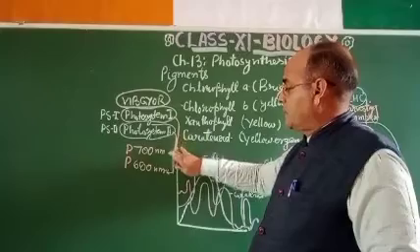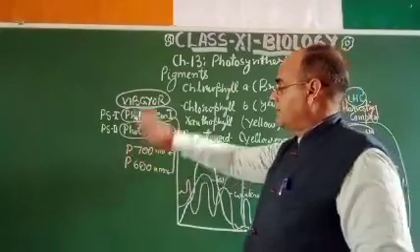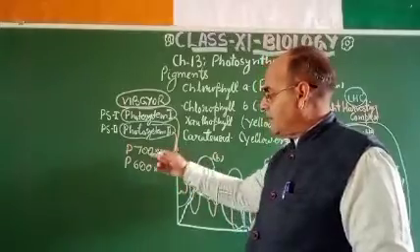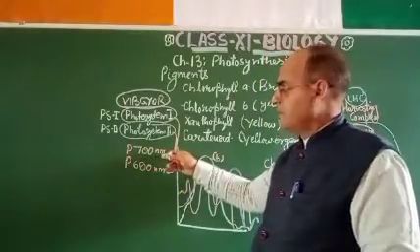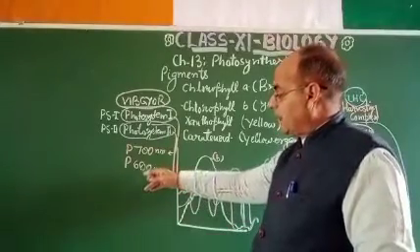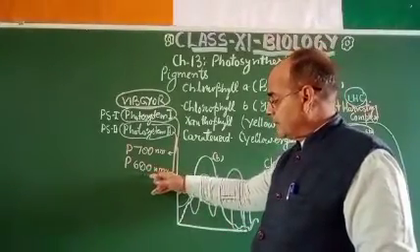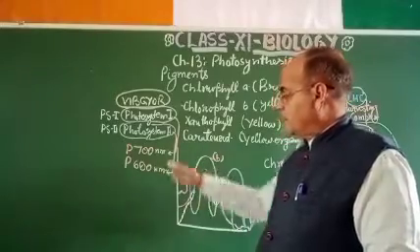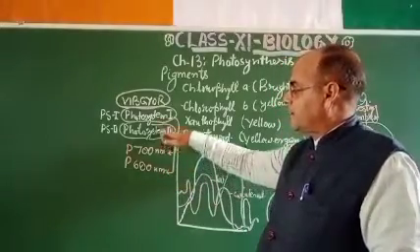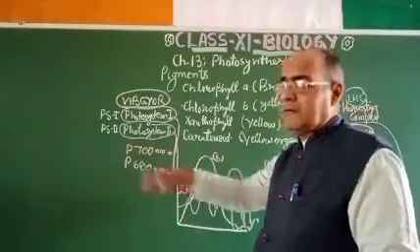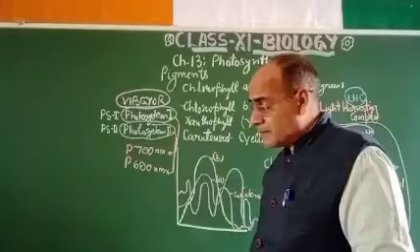Photosystem 1 is responsible for the absorption of P700, means the light waves which are having the wavelength of 700 nanometer will be absorbed in photosystem 1. The wavelength of 680 nanometer, that is below 700, will be absorbed by the photosystem 2. That is why this will be called P700, this will be called P680.